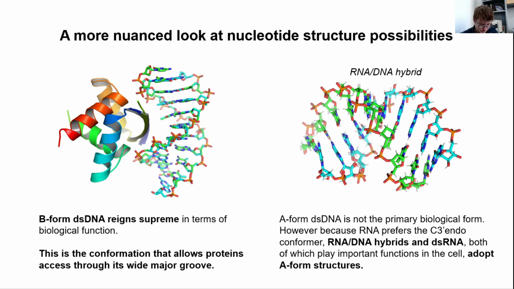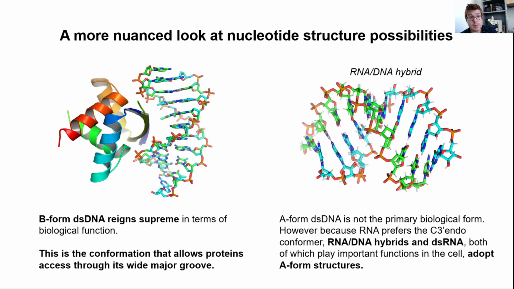However, while A-form DNA is not really the primary biological form, there's many cases in which DNA and RNA are going to interact together in an RNA-DNA hybrid structure. And because RNA prefers the C3 endo conformer, RNA-DNA hybrids, as well as double-stranded RNA, which you'll also sometimes find in the cell, will adopt A-form structures.